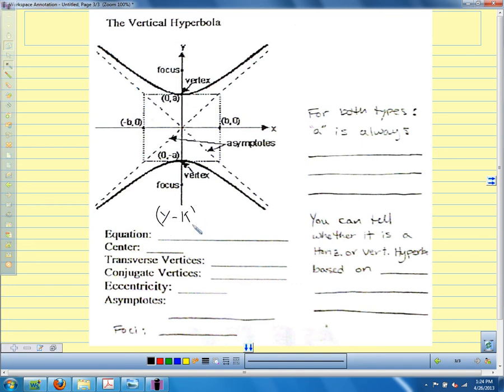So we're going to get y minus k squared over a squared minus x minus h squared over b squared equals 1. And over here to the right, for both types of hyperbolas, a is always under the positive part.